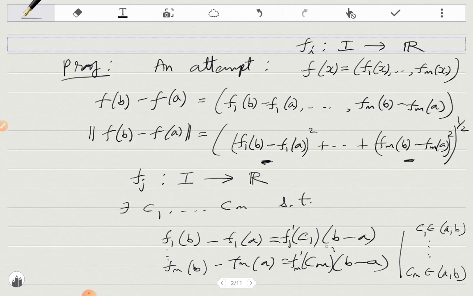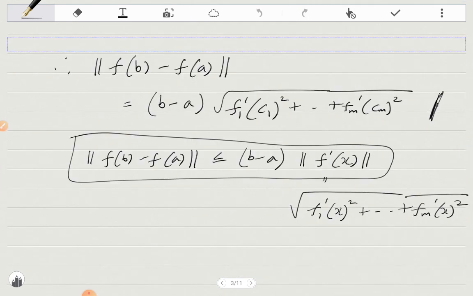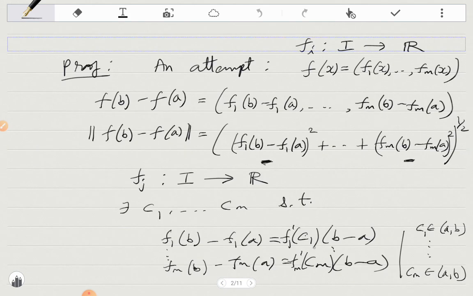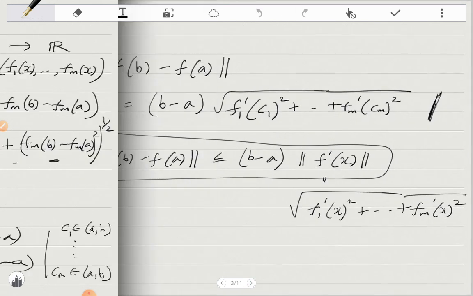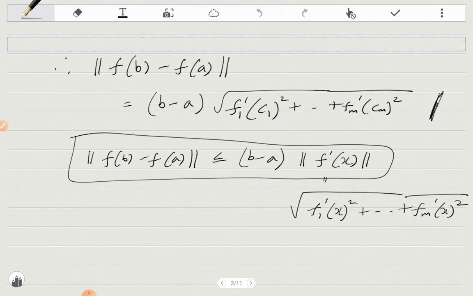So I'm applying the mean value theorem m times. Therefore the norm will be, with b minus a as the common factor, I plug all these expressions in, and b minus a comes out, and I get the sum of squares of various derivatives.